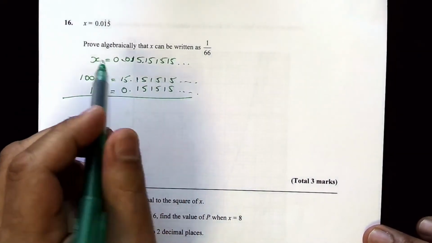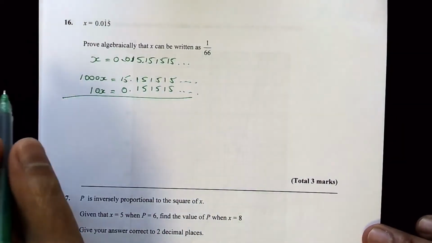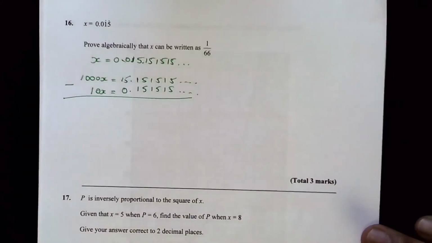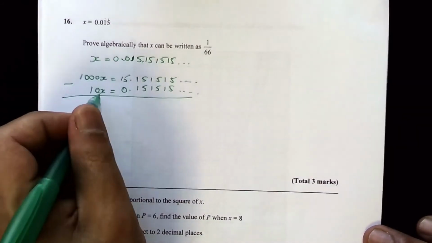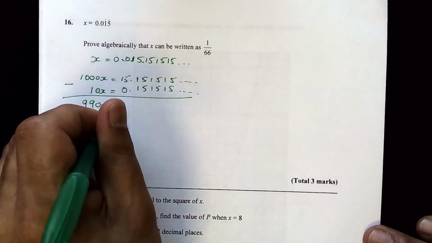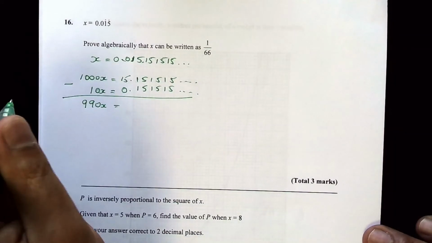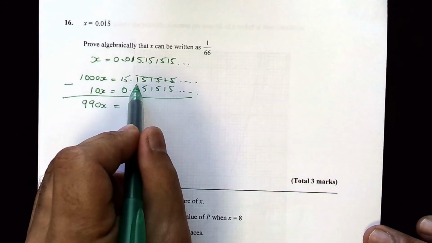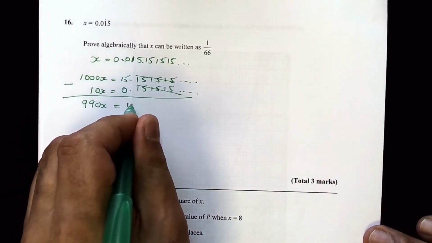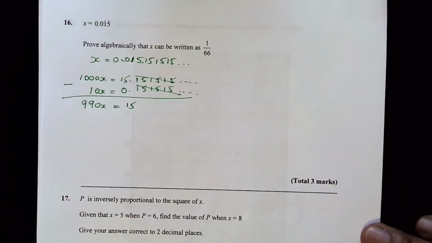So the next step, to get rid of the recurring part of my numbers, I'm going to subtract the two values. So 1000x take away 10x gives me 990x. When I subtract these two values, the recurring part for each value will cancel out. So that gives you 15 take away 0 is equal to 15.